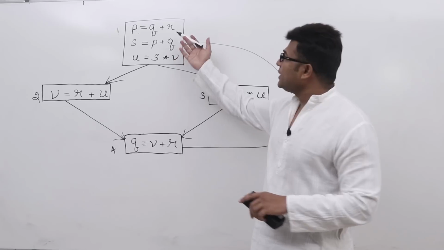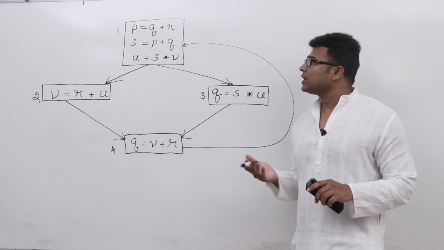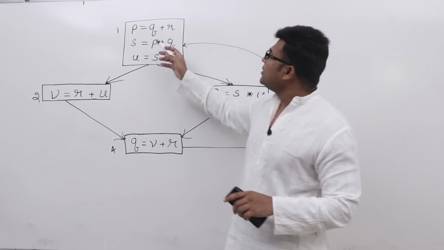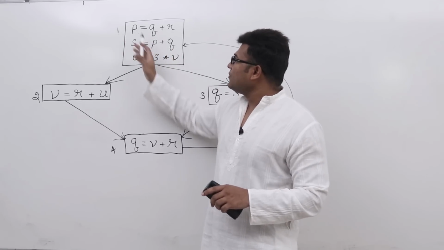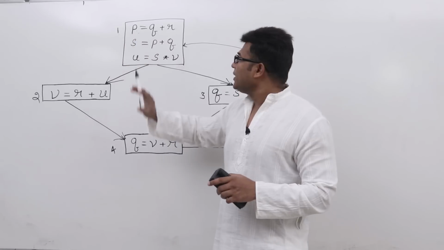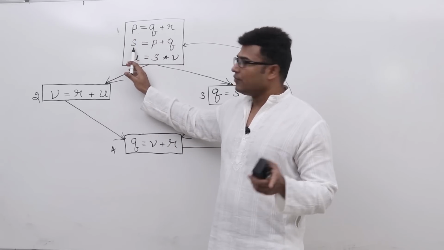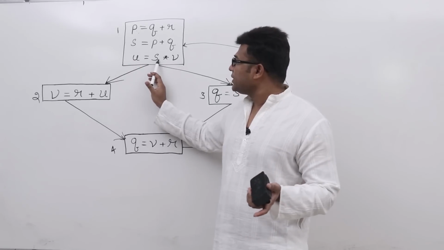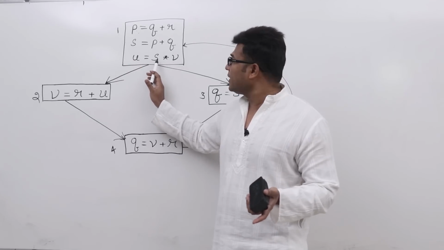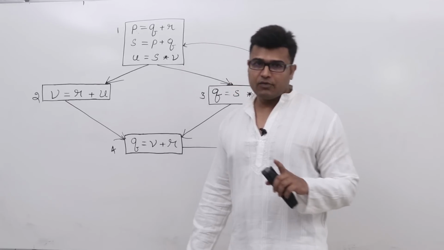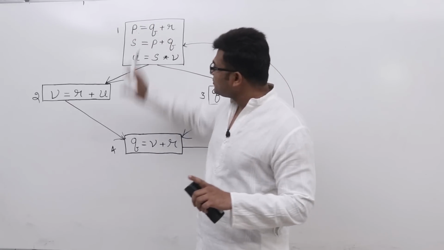You can't really say how many variables are live or dead, because about P you can't say whether it is live or dead. It is both live as well as dead, and the same is true with S. S is defined here, which means it is dead. S is used here, which means it is alive. So here it is alive and here it is dead. That is why they didn't ask any question based on basic block 1.